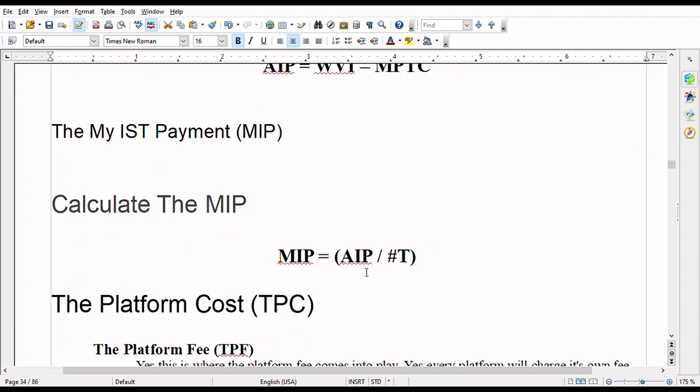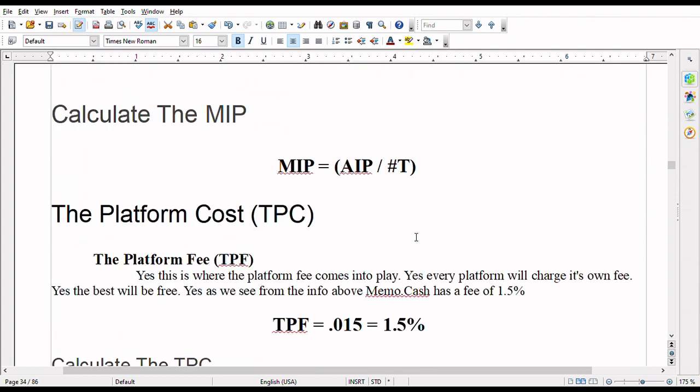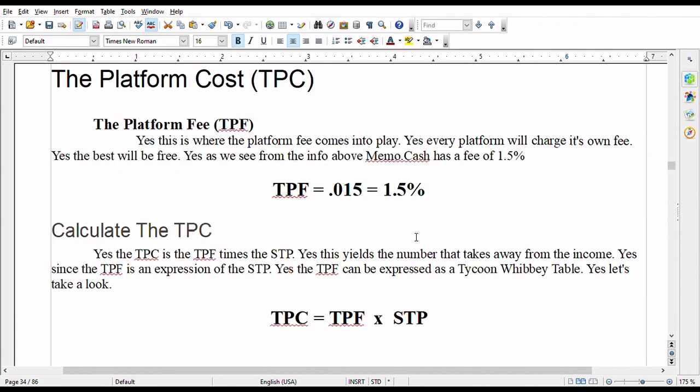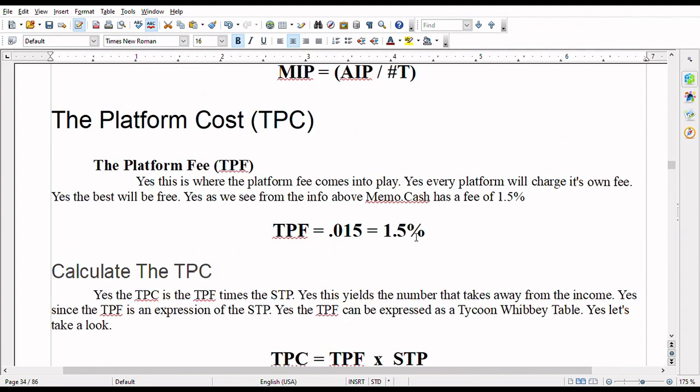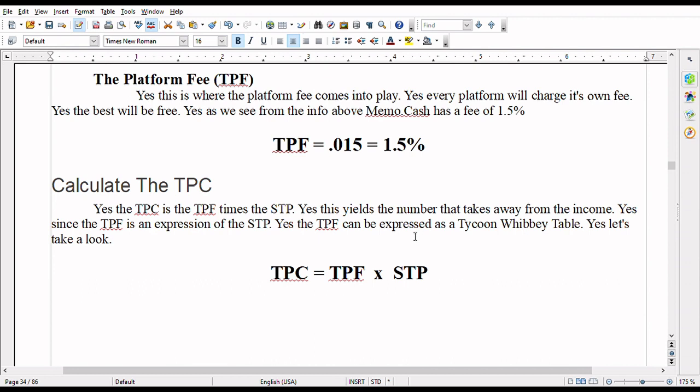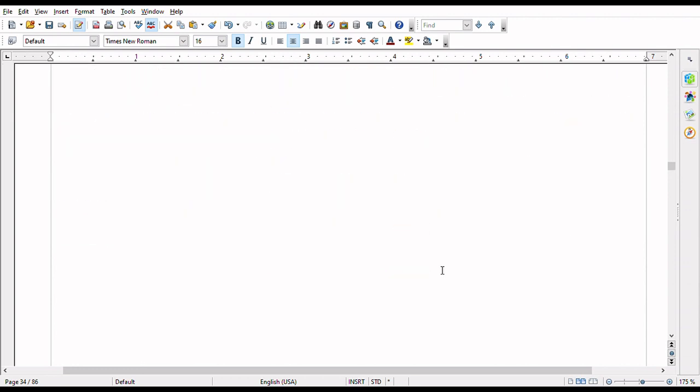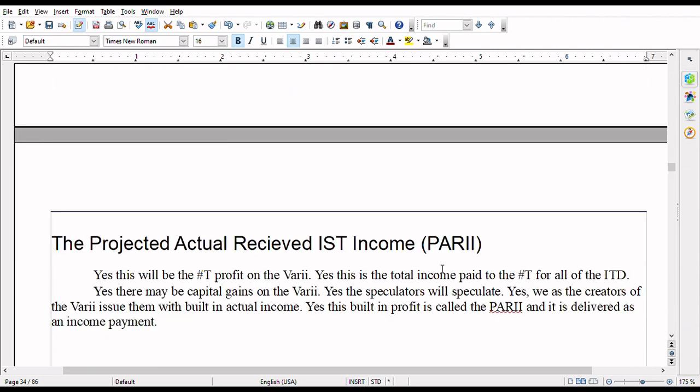And the MIP is equal to the AIP divided by the hashtag T. And that brings us to the platform cost, which is of course the platform fee. The platform cost is the TPF times the STP. That lets us get investors into the play.